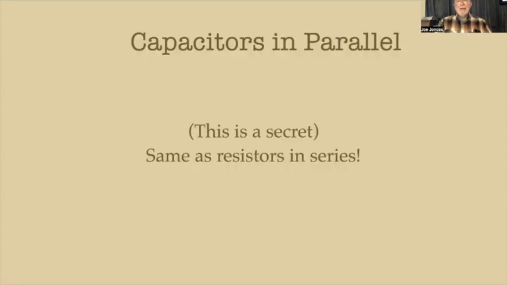Now, hopefully, you all will get this. If you hook capacitors in parallel, how do you figure out this secret? It's the same as resistors in series. So if you've got a 50 microfarad, a 20 microfarad, and a 10 microfarad, that's 50 plus 20 plus 10.